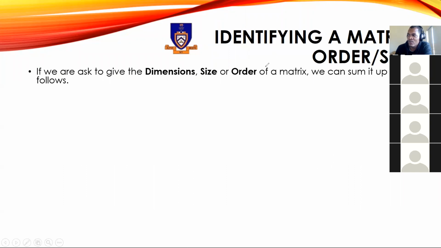If you study on your own from YouTube, it talks about dimension, but the textbook talks about order. In the exam, it will talk about size. This is how we sometimes confuse the learners. These 3 words are basically the same thing. So if we ask you to give the dimension, or the size, or the order of a matrix, we can sum it up as follows, right?